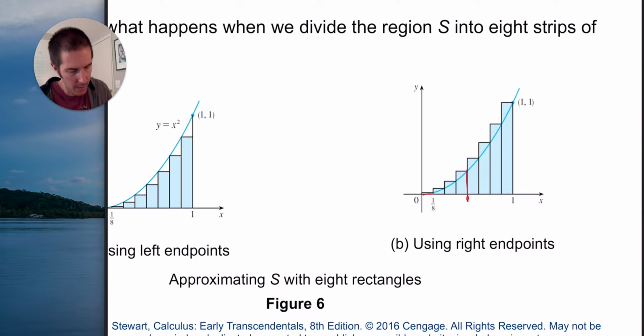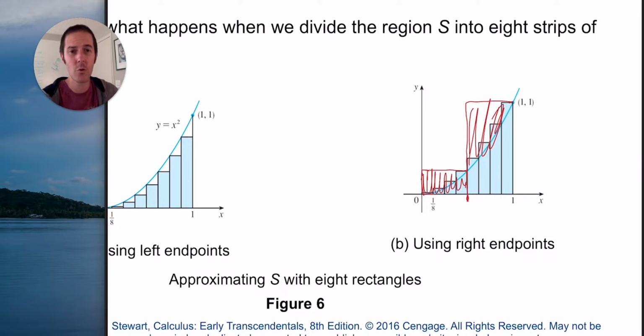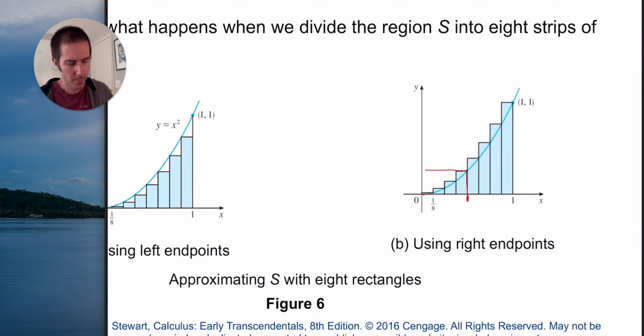We would have to come up to here and then draw our rectangle over to here, and then we would be using this as the area of our first rectangle, and then this would be our second rectangle. Look at this, that's a gross overestimate. We're including a lot of area up here that's not supposed to be included, not to mention these areas. So the more strips we cut these intervals into, the more accurate an approximation we're getting.